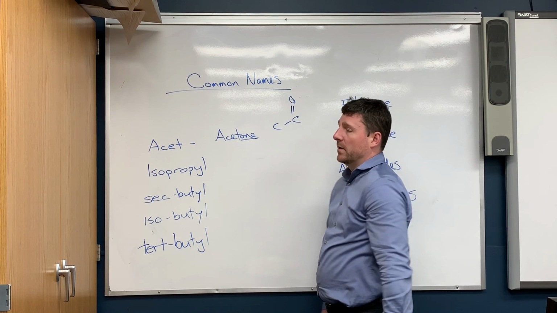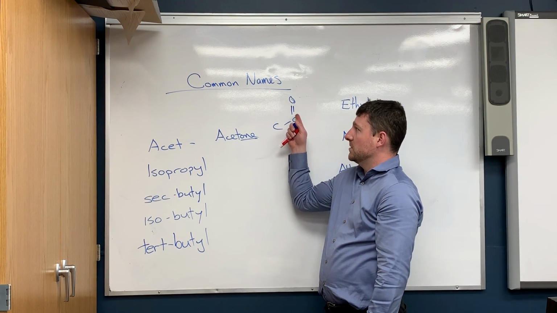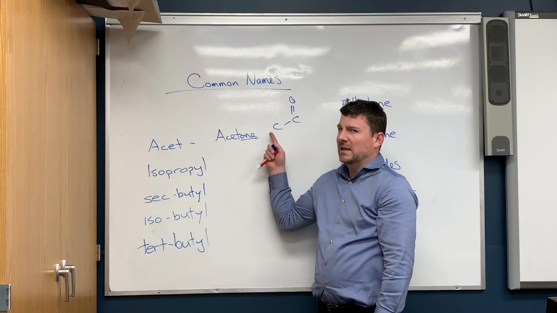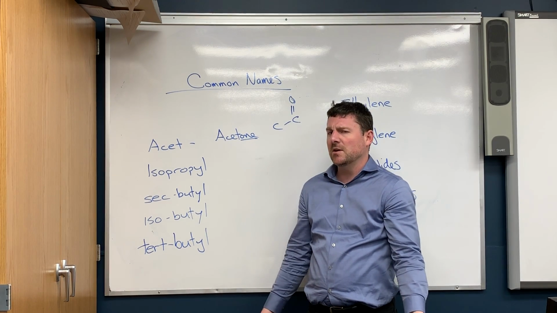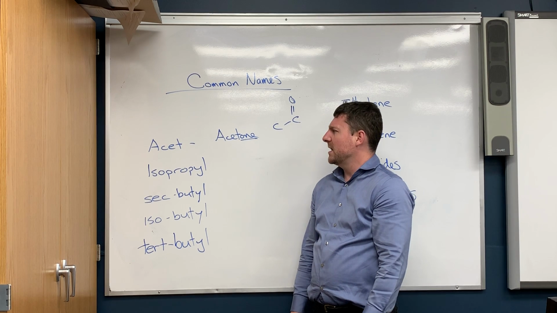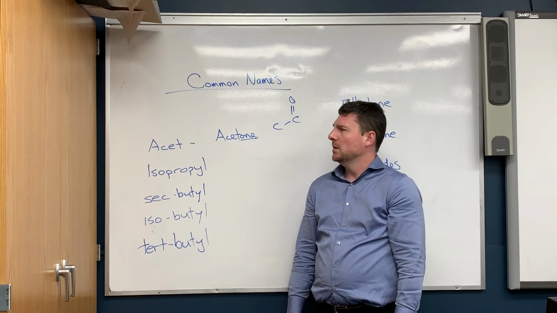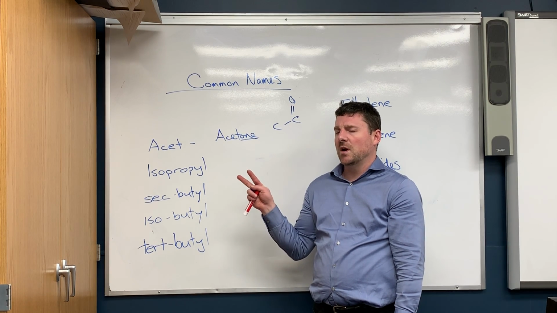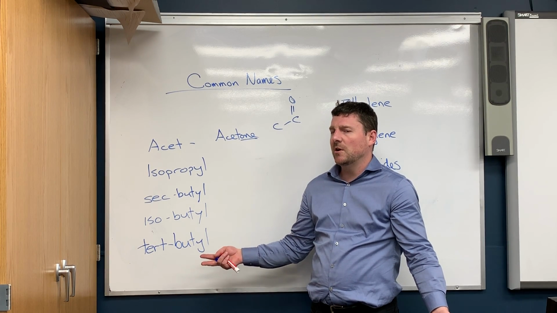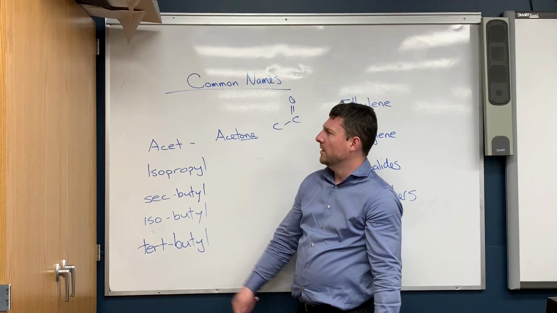It doesn't matter whether I put the double bonded oxygen onto this carbon or this carbon. It's going to be on the end of a chain, and if it's on the end of a chain, it's not really a ketone, is it? It's an aldehyde. So it's impossible to have a ketone with only 2 carbons. No matter where you put the double bonded oxygen, you get an aldehyde.